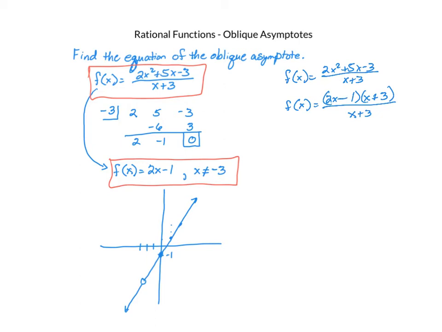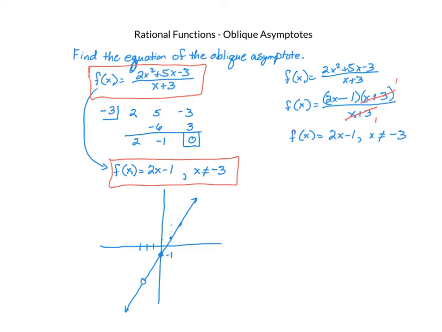And notice that the x plus 3's cancel. And again, you get to f of x equals 2x minus 1, with a little disclaimer here that x can't be -3. But either way, we got the same result.